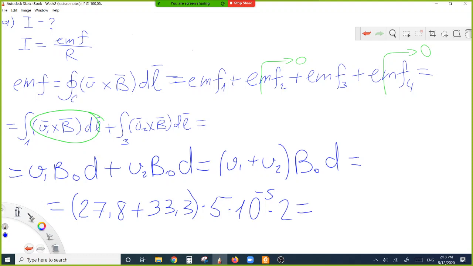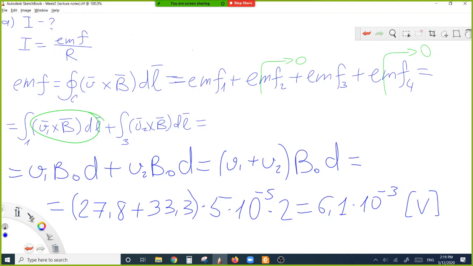And if we compute this, 27.8 plus 33.3 is 61, multiplied by 5, multiplied by 2, okay, is 6.1 times 10 to the minus 3 volts, or 6.1 millivolts.